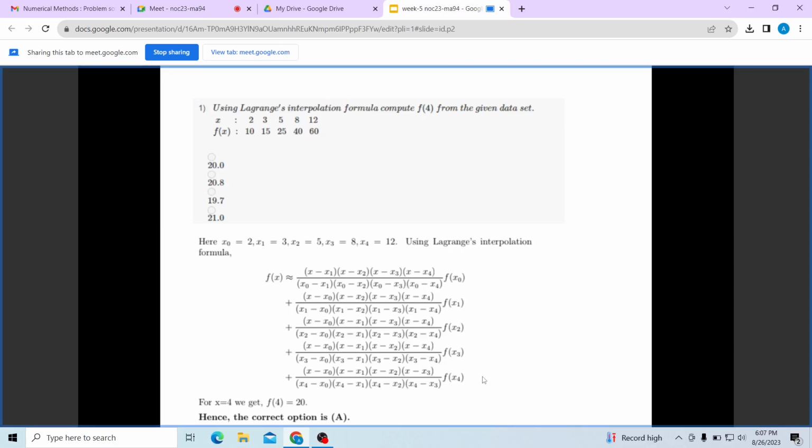At x equals 4, the function value will be 20. Are you getting it?